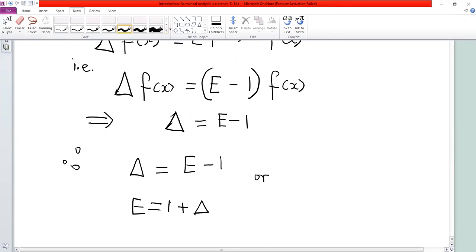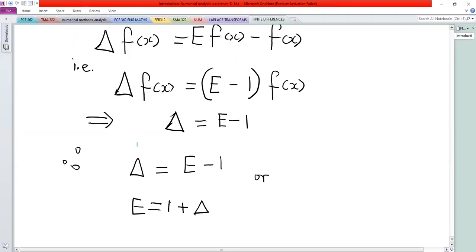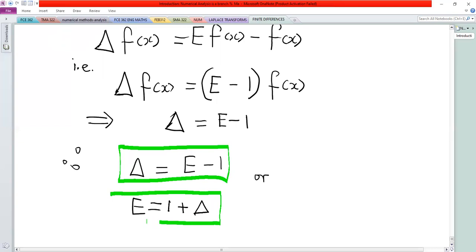So this is the relationship among these two operators, either this or this one here.